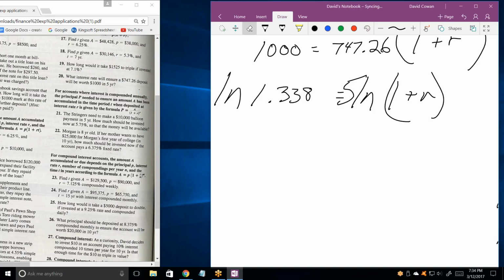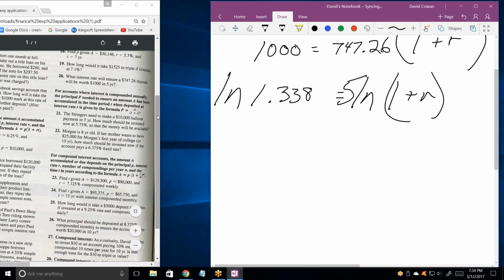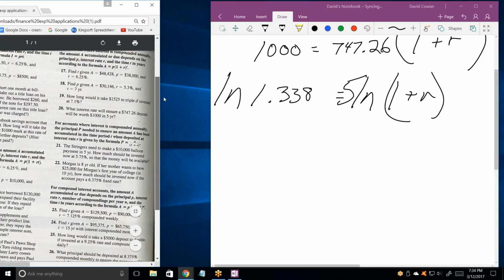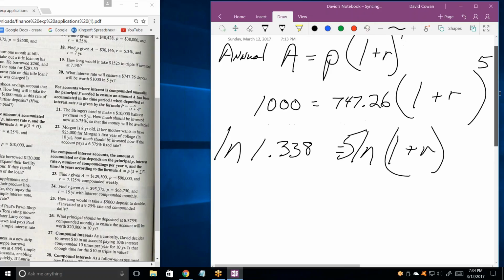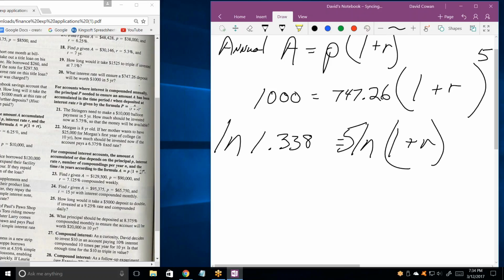Why is this giving me problems? I'm not sure why. Let me think for a second. Let me go back and make sure that we're supposed to use compound. Yes, we are. Well, let's see.